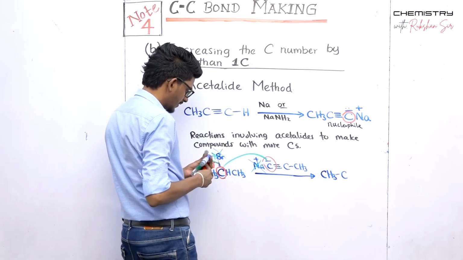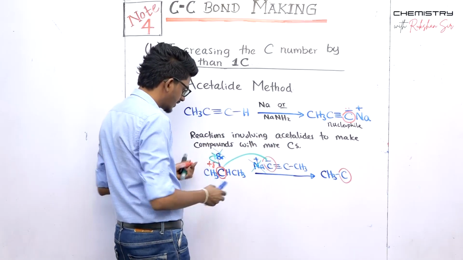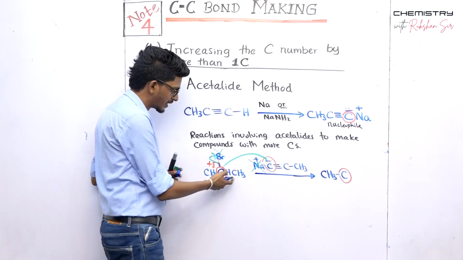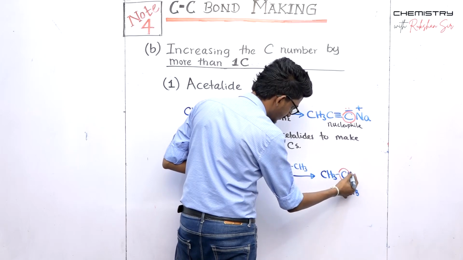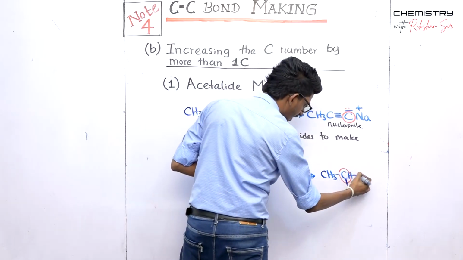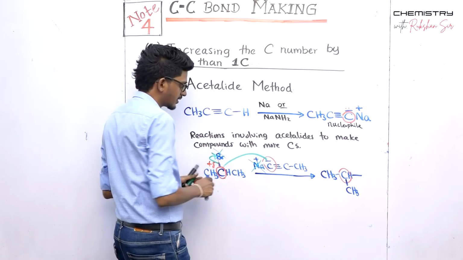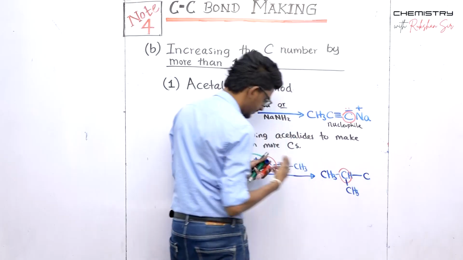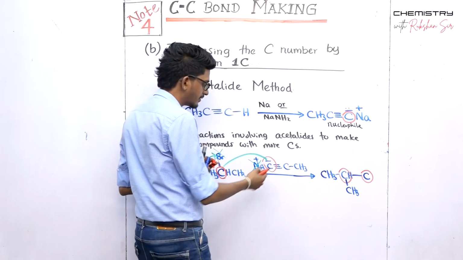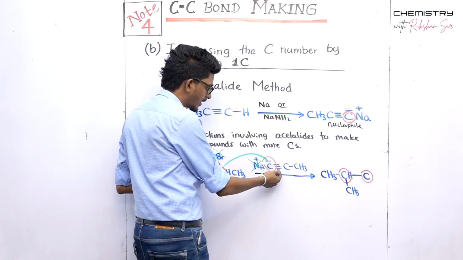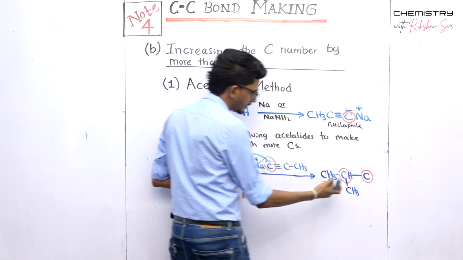So you have this carbon coming from the alkyl halide, and it is with a CH2 group and H. So I'll bend that CH3 group and H, and to that carbon, this C is connected, with a triple bond, and C and CH3.